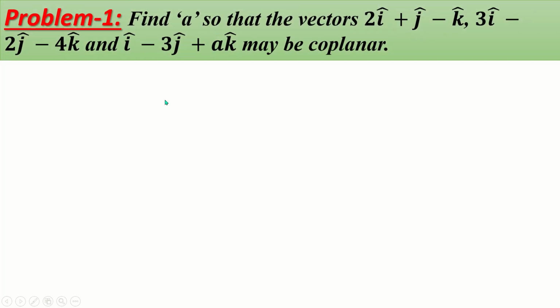now follow the solution related to the formula that I discussed in the previous slide. Find a, so that this vector and this vector may be coplanar. If three vectors are coplanar, we can say the determinant of their coefficients equals 0.